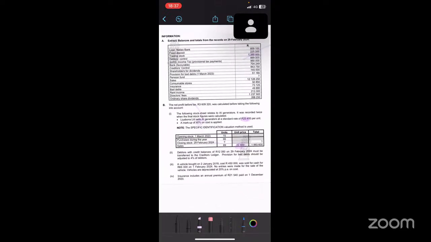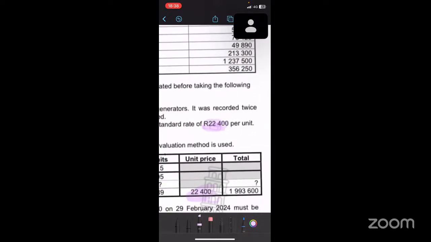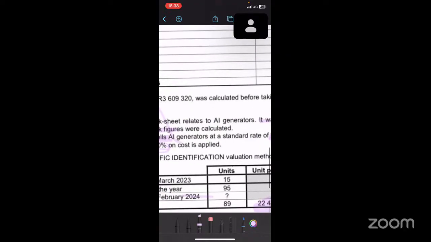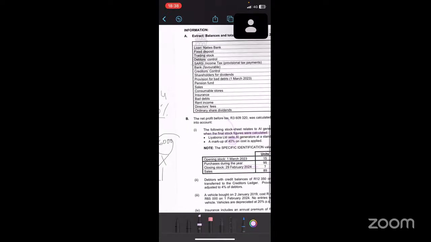They said the following stock sheet relates to generators and it was recorded twice when the final stock figures were calculated. Are we going to add it or are we going to subtract it?